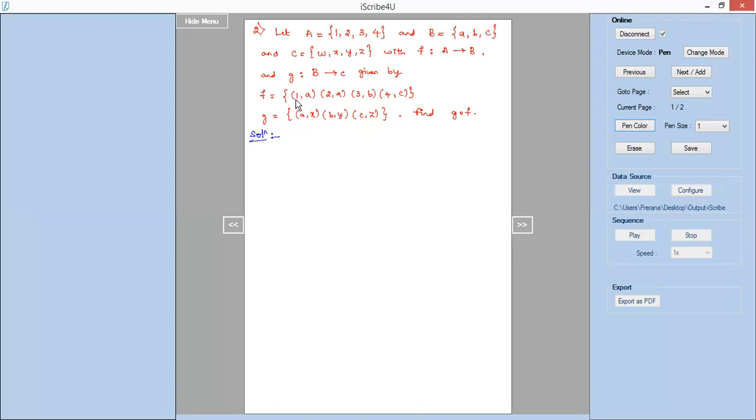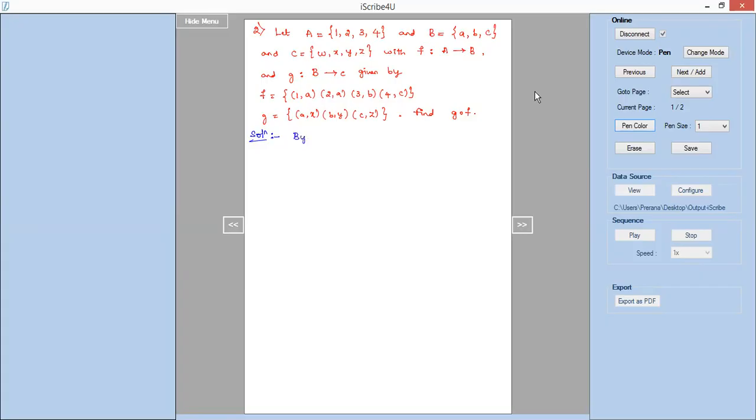So f of 1 is equal to a. Similarly, f of 2 is equal to a. f of 3 is equal to b. f of 4 is equal to c. Similarly, for the function g, we will be able to write down g of a is equal to x, g of b is equal to y, and g of c is equal to z. So this is one of the easiest ways of analyzing the given functions f and g.